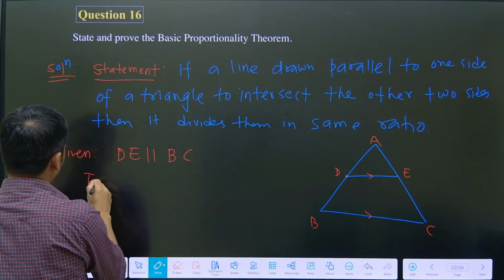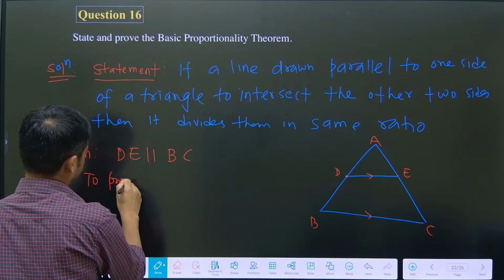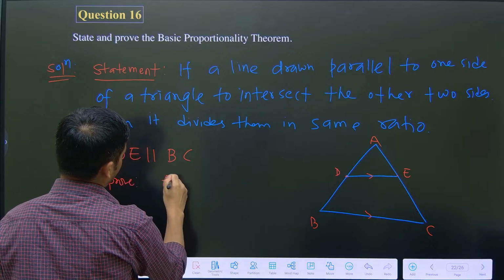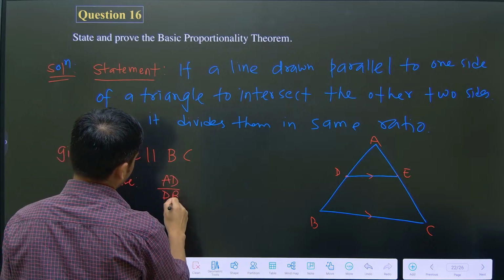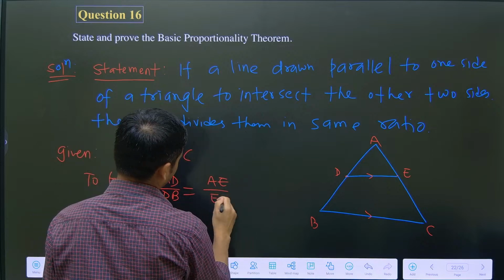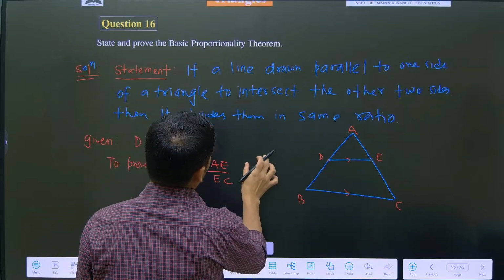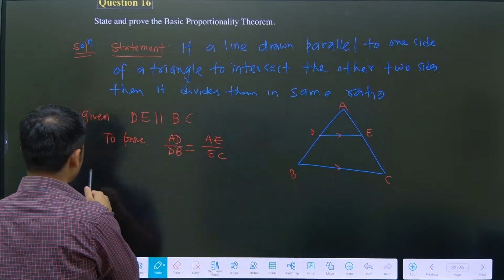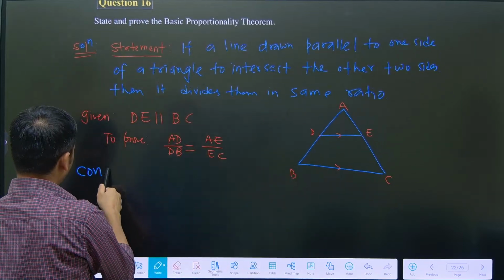And what to prove? AD upon DB is equal to AE upon EC. We need some important constructions here, so we must mention that properly.